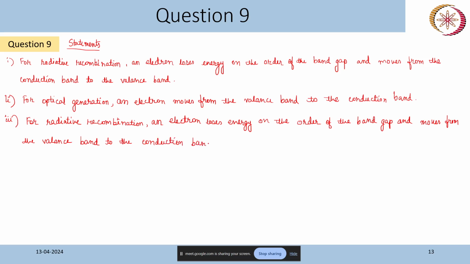The last statement is, for optical generation, an electron moves from the conduction band to the valence band.